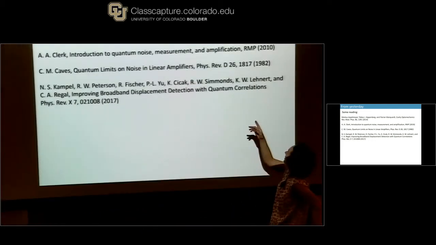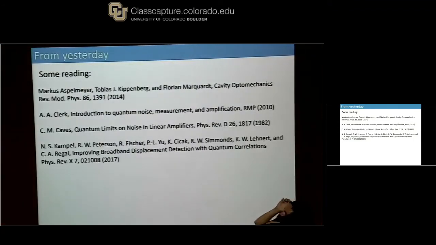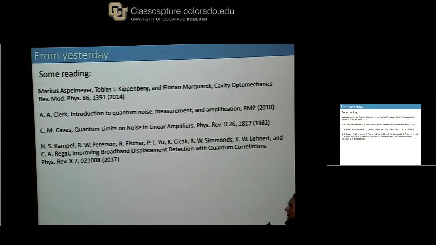There's a variety of interesting articles. This review of modern physics by Ash Clark is nice. We talked about the Caves theorem and did our really simple derivation of that, and that's the reference for that. The experimental data that we talked about, specific to the question of how you set your detector up correctly, can be found in this paper, where we're thinking about broadband displacement detection and quantum limits on that.